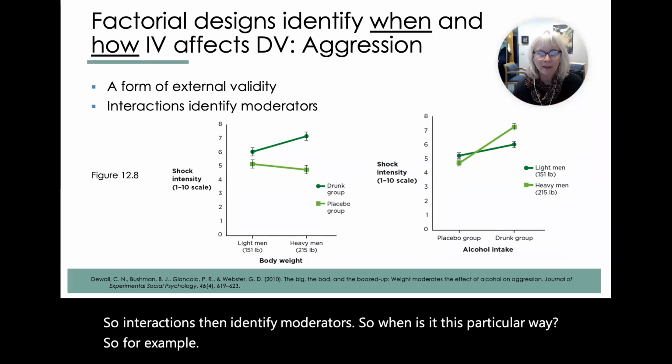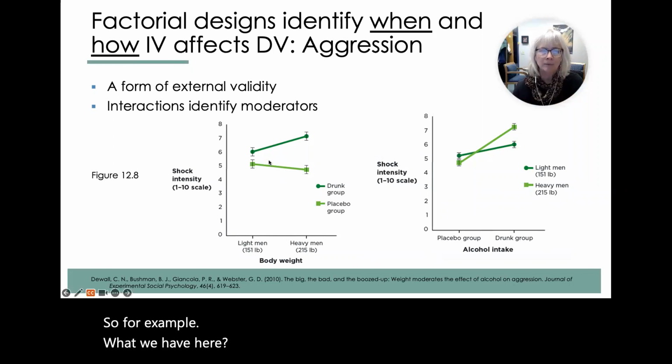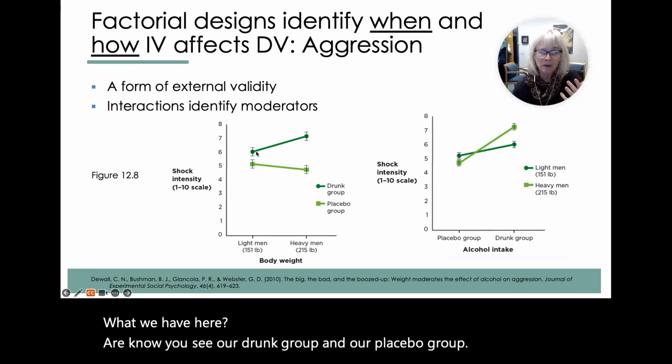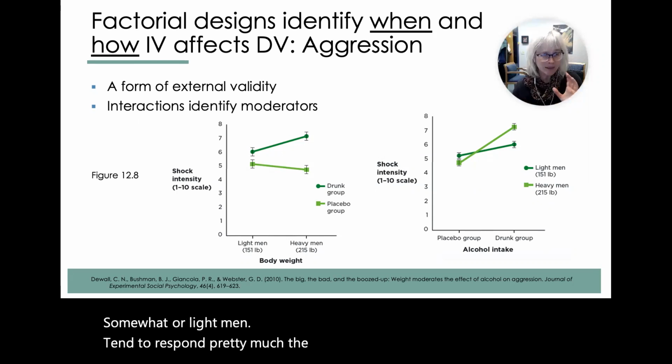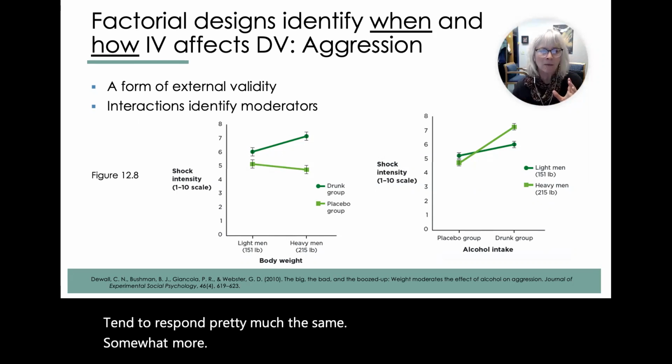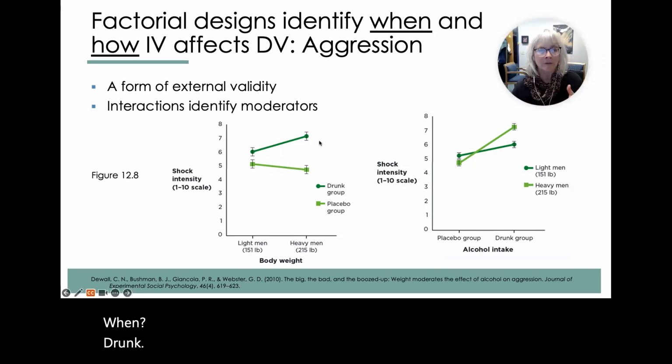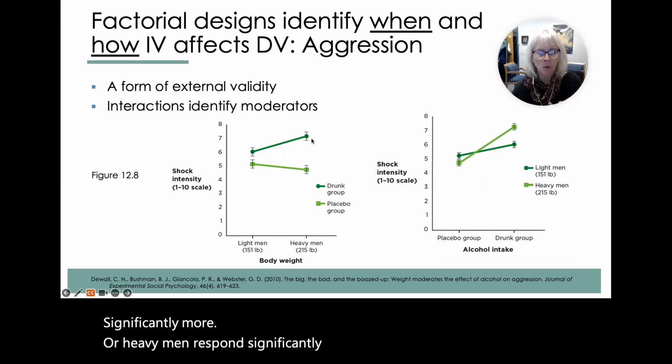So, for example, what we have here, you see our drunk group and our placebo group. Light men tend to respond pretty much the same, somewhat more when drunk, but heavy men respond with significantly more intense shocks when they're drunk.